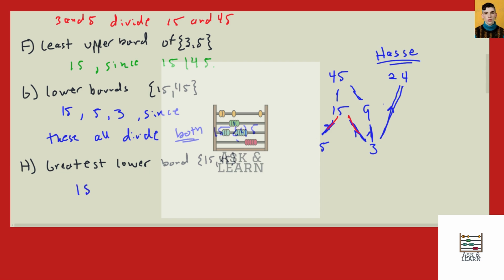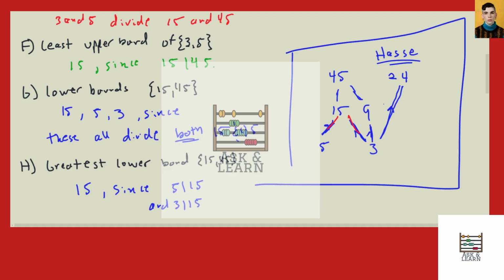So that means 15 is going to be our greatest lower bound, since 5 divides 15 and 3 divides 15. So 3 and 5 are both smaller than 15. Again, you could do this without the Hasse diagram, but I feel having the Hasse diagram really simplifies everything.